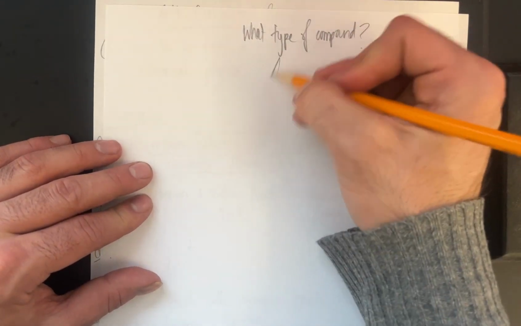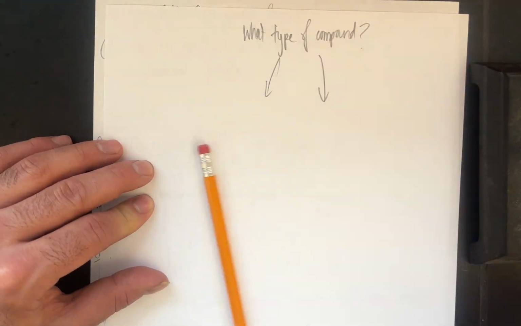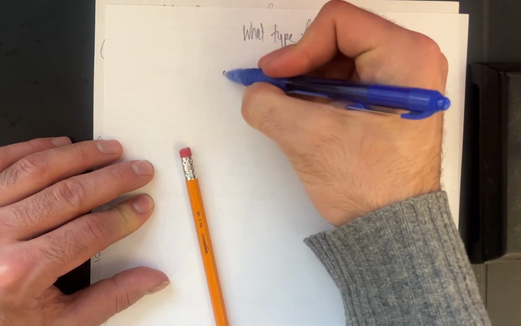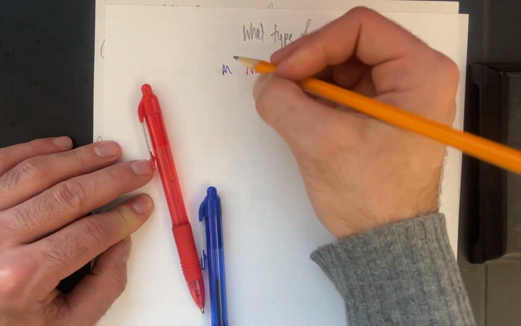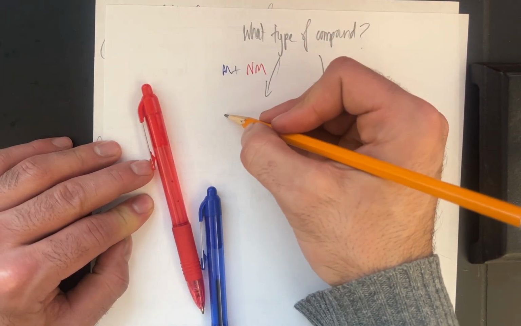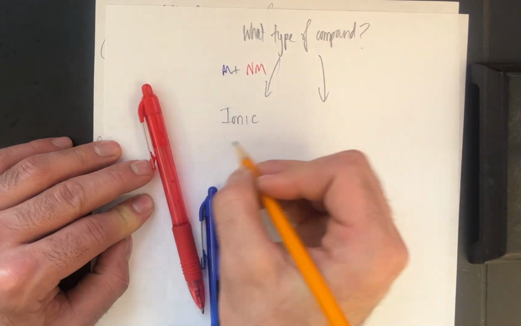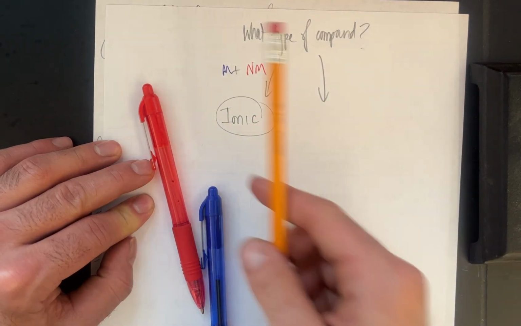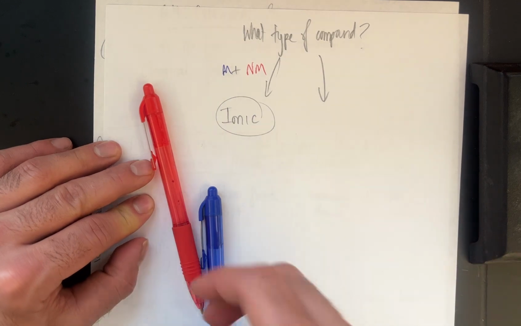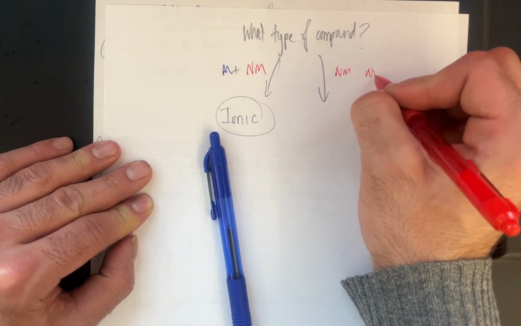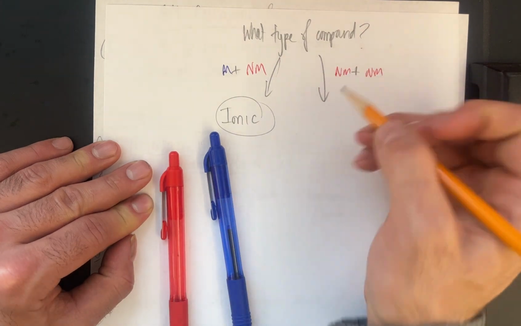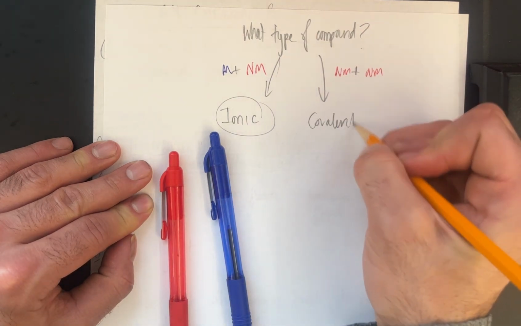The way you determine that is, if you have a metal and a non-metal, that is always going to be ionic, right? Because it's the 2 extreme ends of the periodic table. One is giving, one is receiving. Whereas if you have 2 nonmetals, you are going to have a covalent compound.